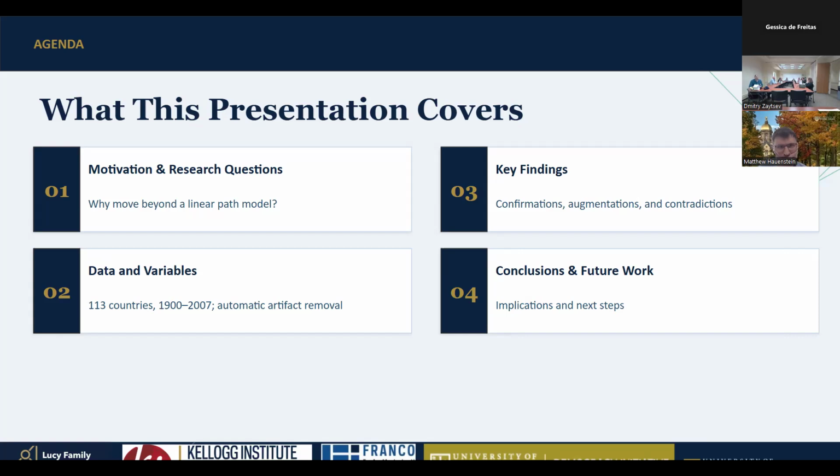That was an interesting model. It would suggest that there were causal sequences of variables.